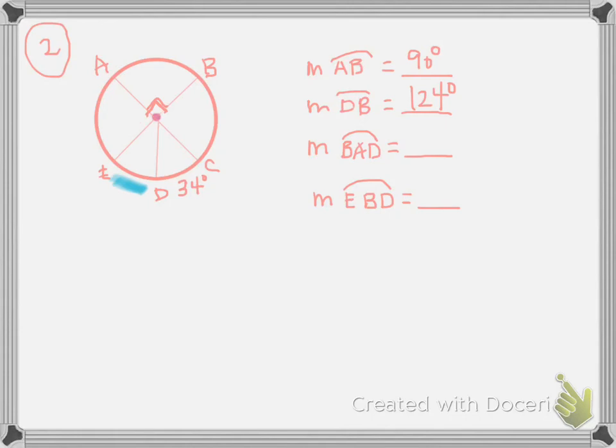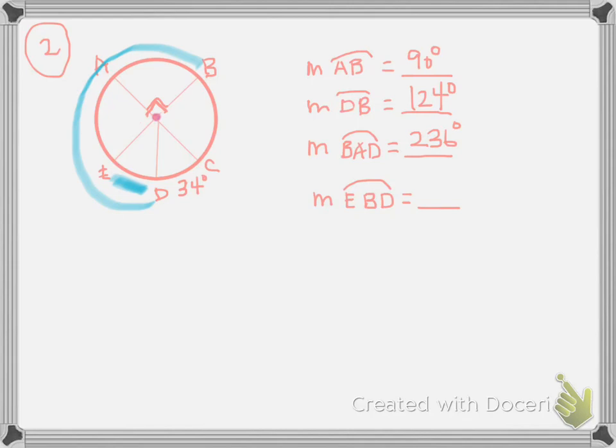So this is going to be 56. So 180 plus 56 is going to give me 236. I'm going all the way from B over here to D, so I have to add all those angles right there.